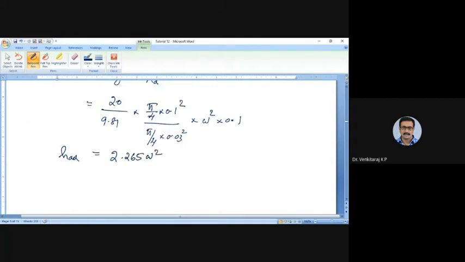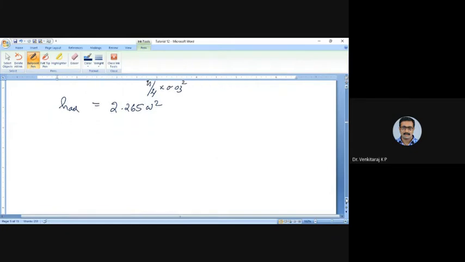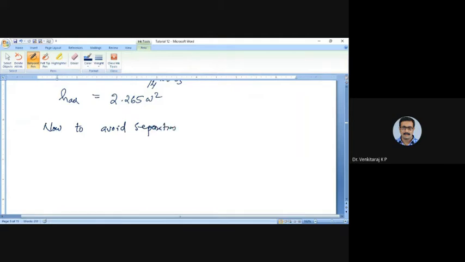So now let us substitute the equations for acceleration heads. To avoid separation, H ATM minus HS plus HAS should be greater than or equal to H separation.